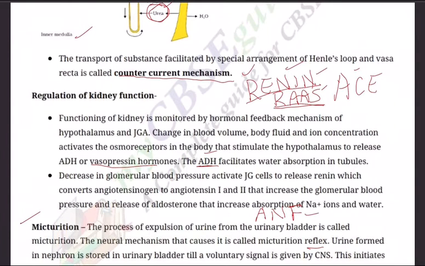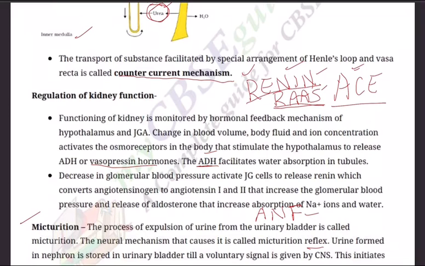Renin converts angiotensinogen into angiotensin 1. Angiotensin converting enzyme, that is ACE, converts angiotensin 1 into angiotensin 2, which is a peptide hormone, the active form.